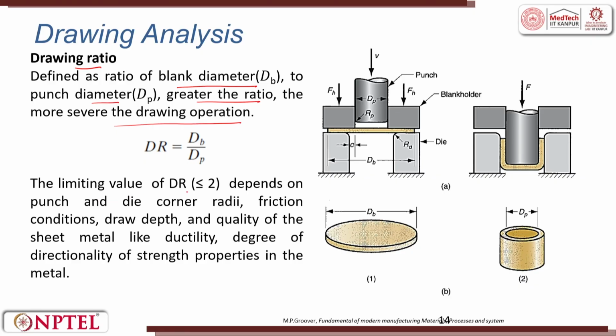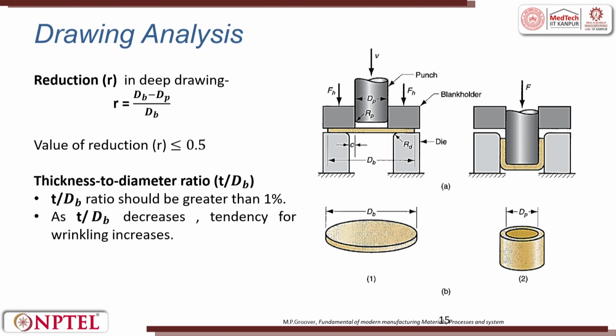Limiting value of dr as less than equal to 2 depends upon the punch and die corner radii, friction conditions, draw depth and quality of sheet metal like ductility, degree of directionality or strength properties in the metal, etc. Here also reduction is there. Reduction R in deep drawing is equal to dB minus dP, that is blank diameter minus punch diameter over the blank diameter.